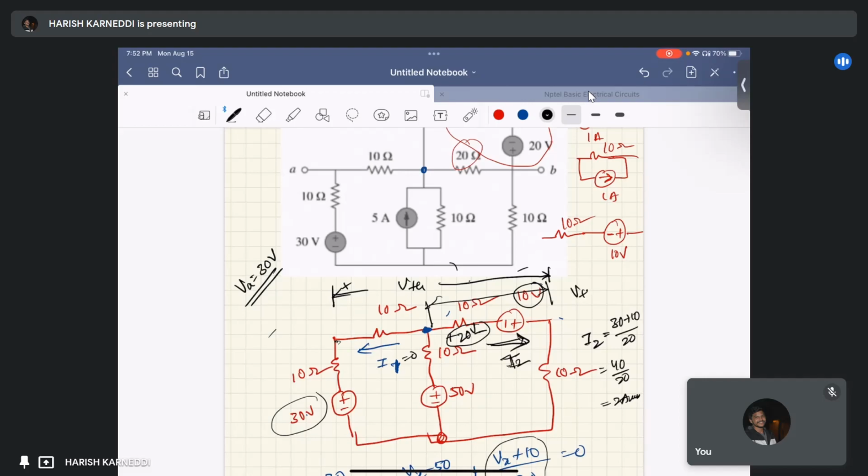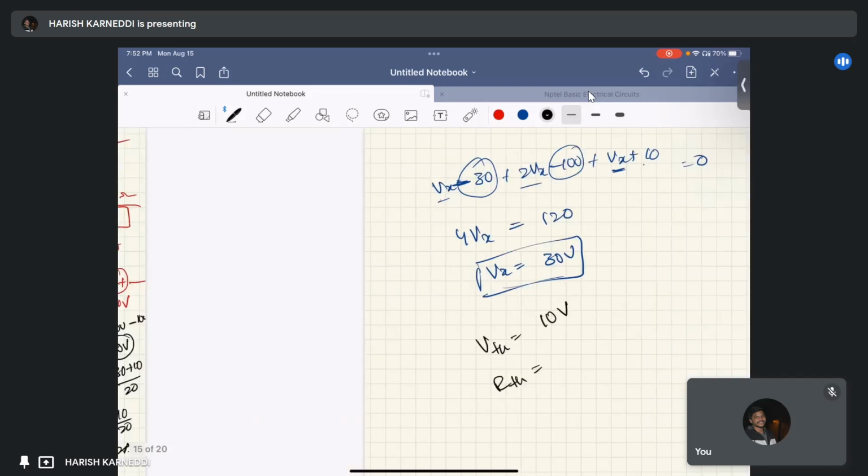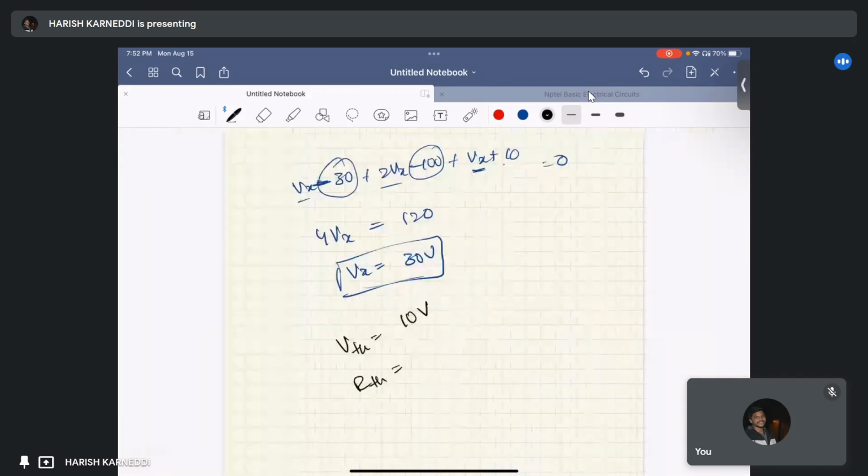So my VTH equals 20 volts minus 10 volts, which is 10 volts. So VTH equals 10 volts and RTH, we already calculated, equals 10 ohm.